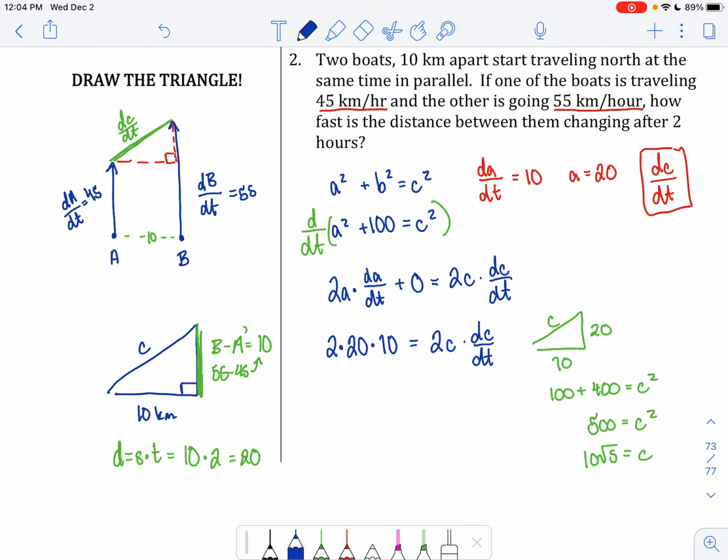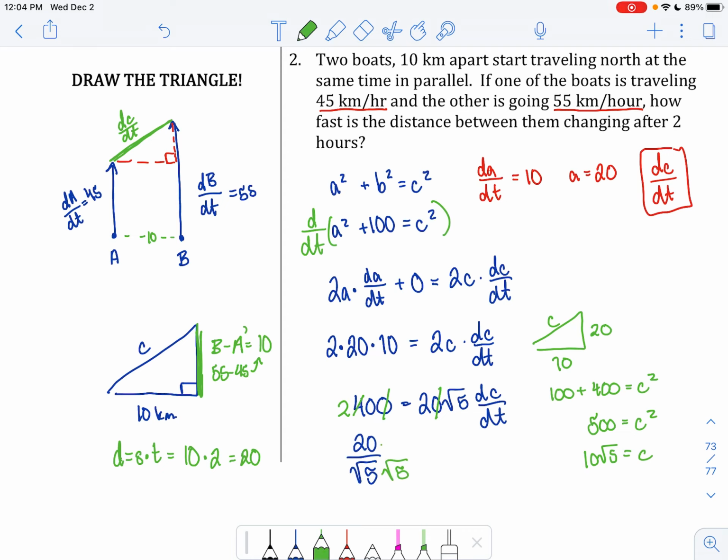So after plugging that in, we would then get a simplified 400 on the left side is equal to 2 times 10 root 5, 20 root 5, dc dt. When we divide, I divided by 20, nice and easy. Then we get 20 over root 5.